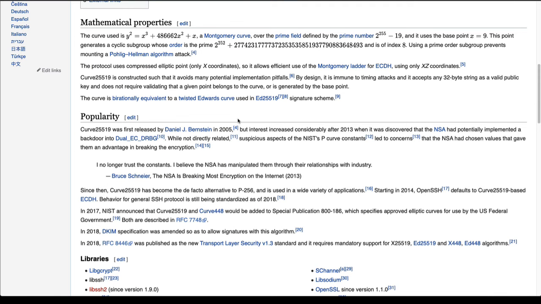Now for the real numbers, if you look at Curve25519, here are the actual numbers that you've got for your formula, which is big enough, and then the prime number is 2 to the 255 minus 19. That's where it gets its name from. These are the little small constants in it. Like that number right there is one of the small constants.